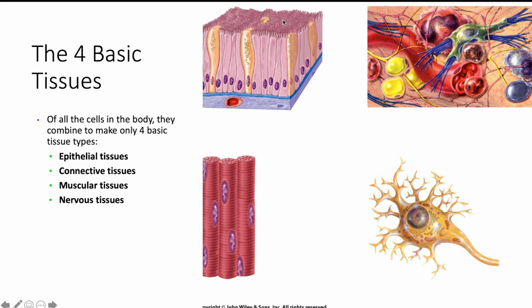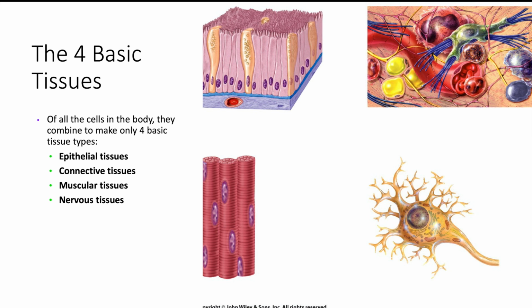Now, these are found covering different parts of the body, either on the outside or on the inside of the body. So take your skin, for example. Your skin is covered by an epithelial tissue, and that tissue basically protects your skin and your body. On the inside, you have coverings of epithelial tissues, for example, in the tubes that make up your body, like your blood vessels.